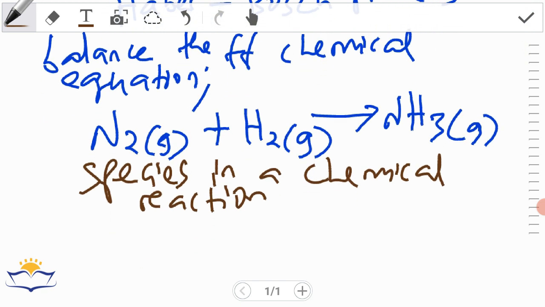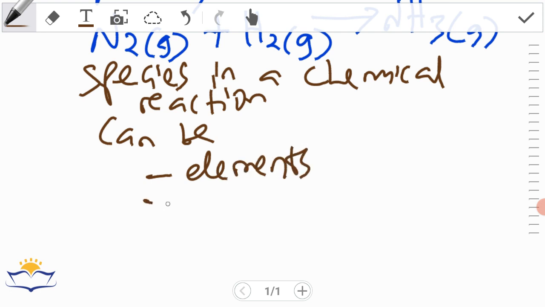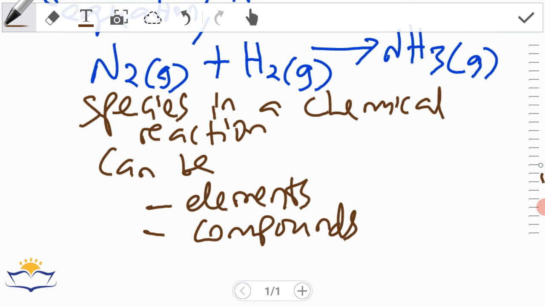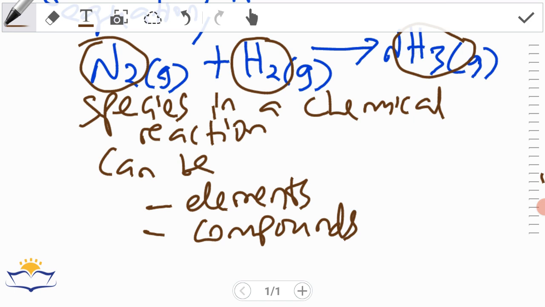Species in a chemical reaction can be elements or compounds. This is a species, this is a species, and this is a species. Ammonia is also a species.